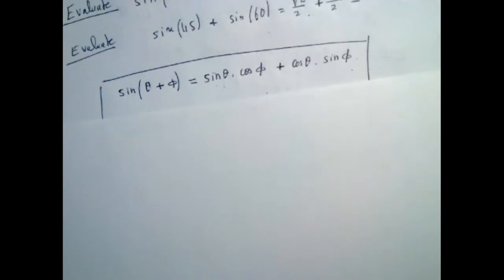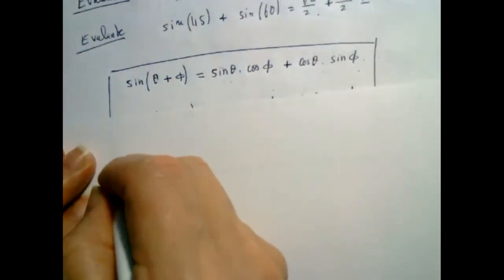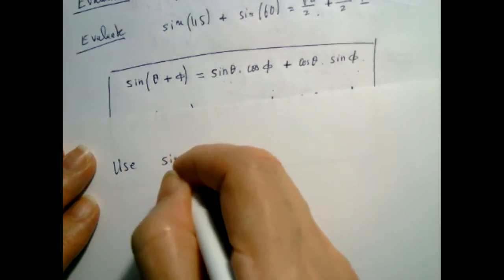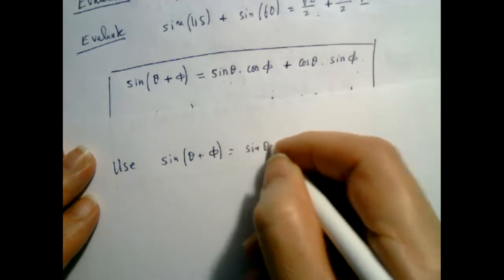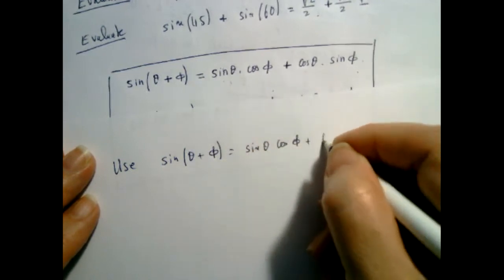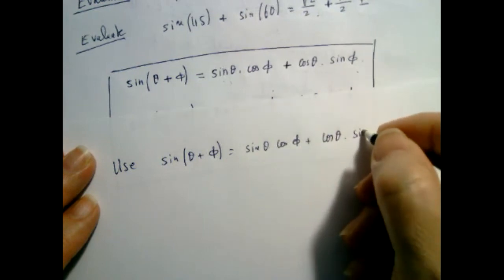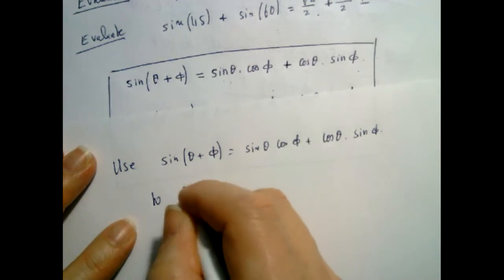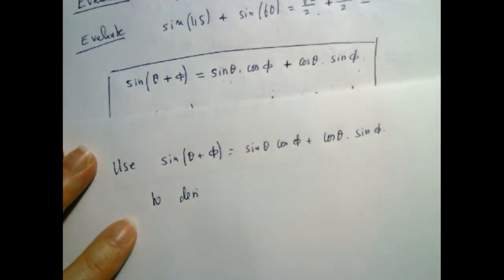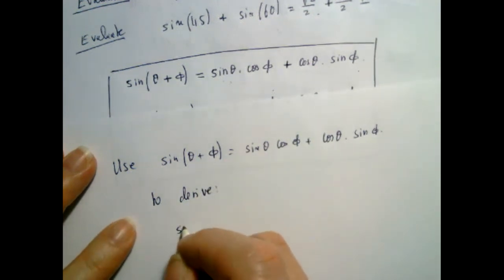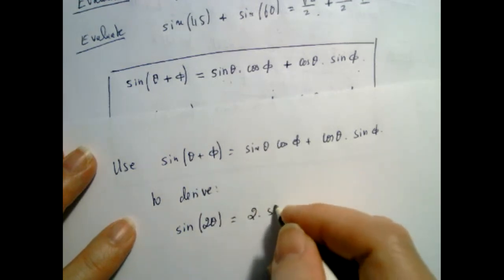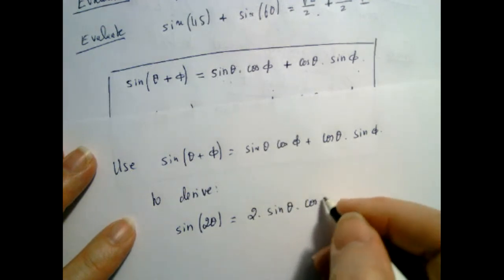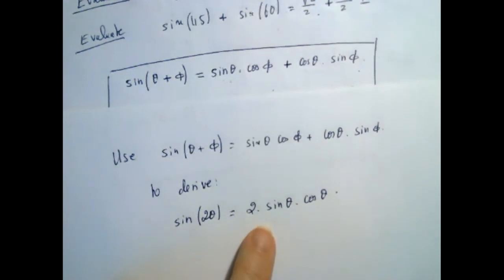I want you to use this identity to derive the following: sine 2 theta equals 2 sine theta cosine theta. So that's the double angle formula.